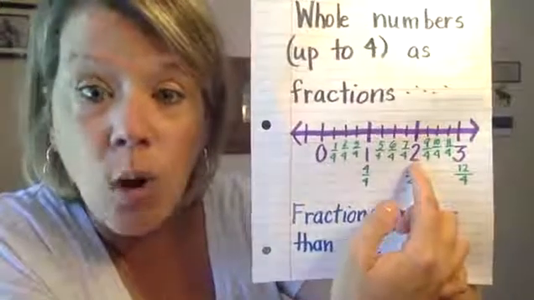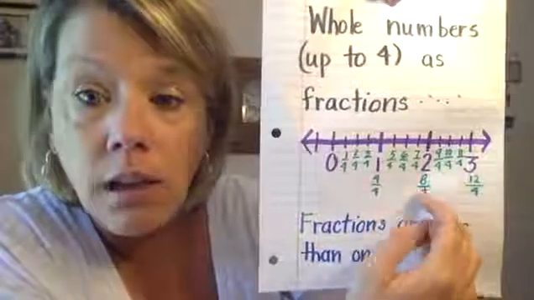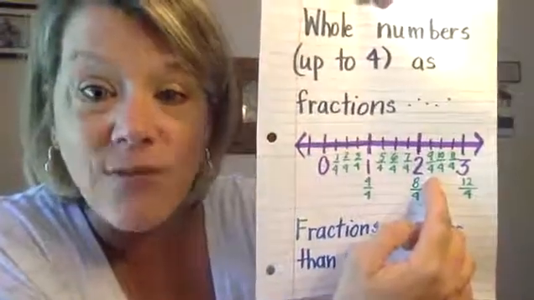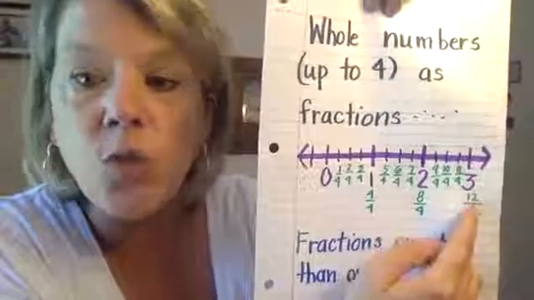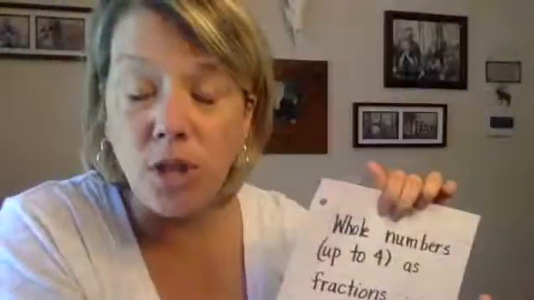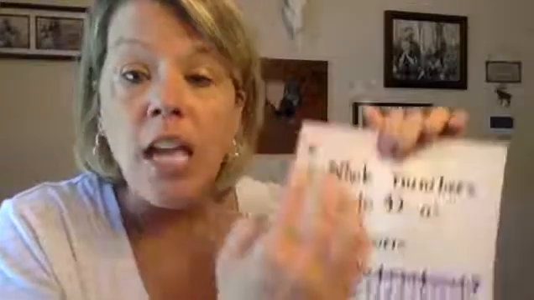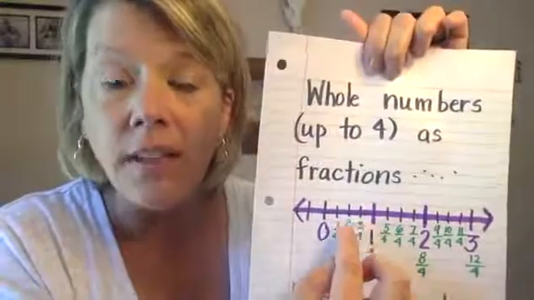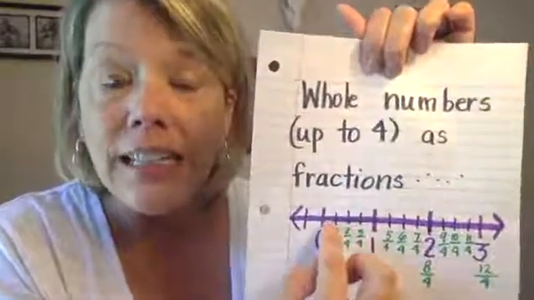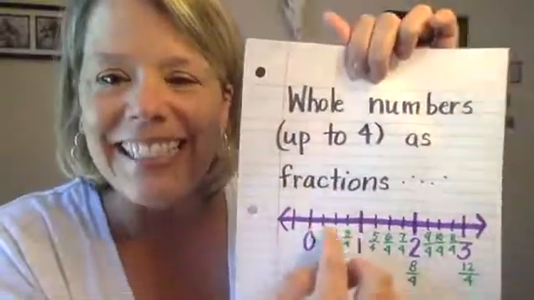So it's like 2 wholes and 1/4. But we say it as 9/4, 10/4, 11/4, 12/4. And again, we do that up to the number 4. So we can partition each of these into halves, fourths, thirds, sixths, and eighths, and do the same thing. So each day Miss Street might do a different one of those. So you can really see how fractions can be greater than 1.